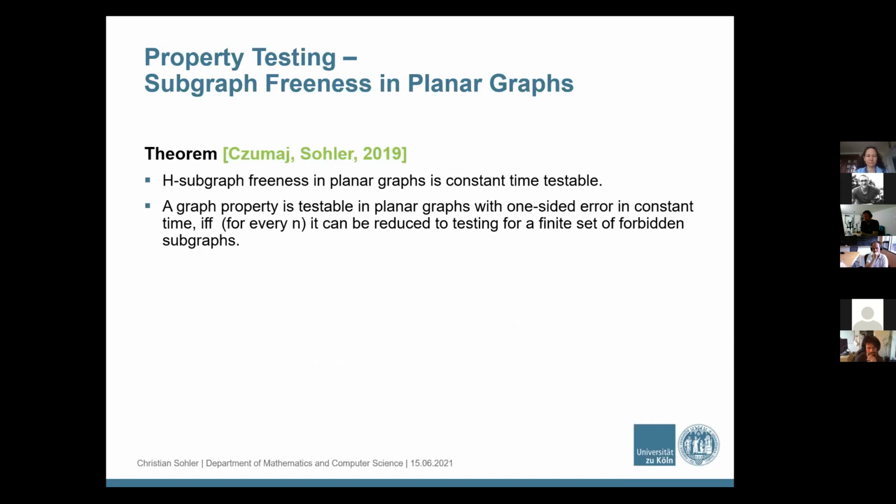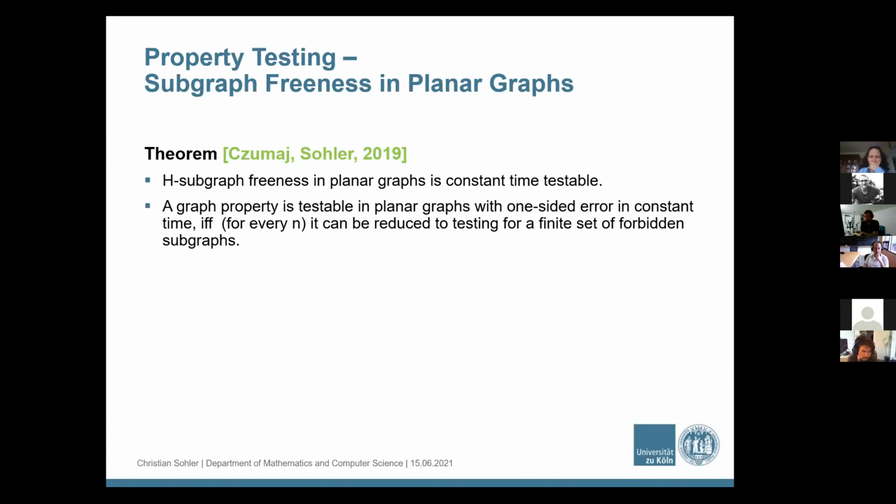But one can extend this previous approach to H subgraph freeness. That's something I proved with Arthur. So we showed that H subgraph freeness in planar graphs is constant time testable for some constant size subgraph H. And we also show that this is if and only if.